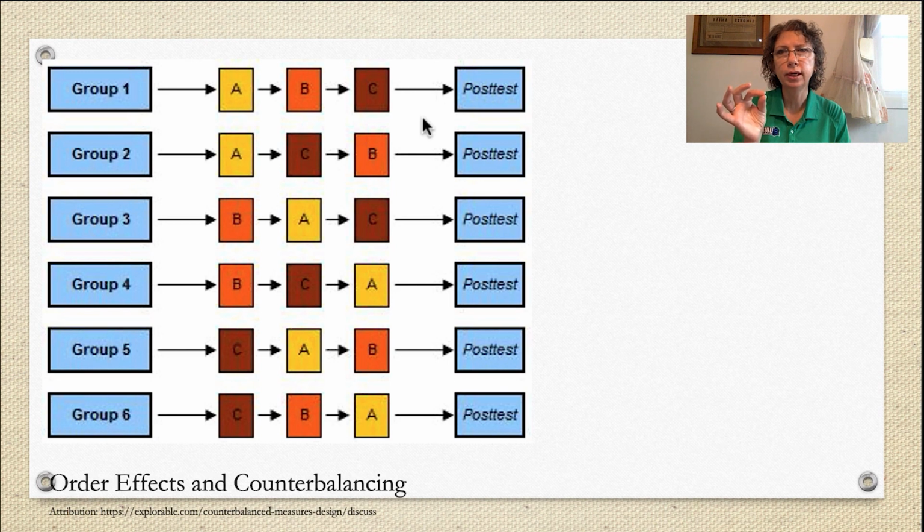So 3 conditions would be 3 times 2 times 1. That's 6 groups, because 3 times 2 is 6, and that times 1 is still 6. So when I have 3 conditions, I would need 6 sequences, 6 groups, to be able to do the whole thing.